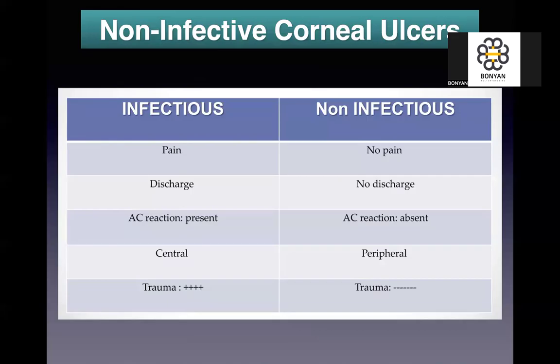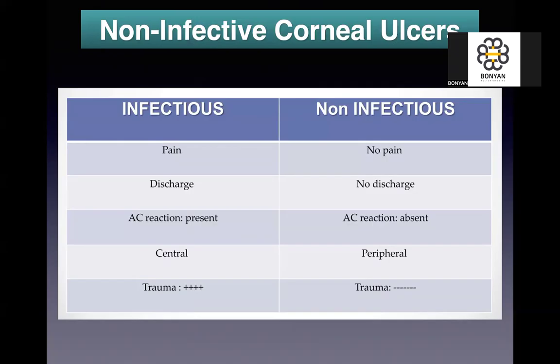Discharge is present in infectious, not in the non-infectious. Anterior chamber reaction is present in infectious but absent in the non-infectious, except in the case of associated uveitis. The infectious ulcer is almost always central, but the non-infectious is commonly peripheral.